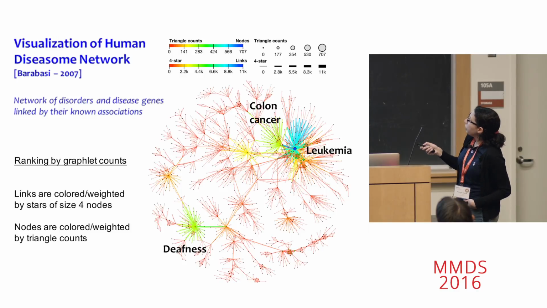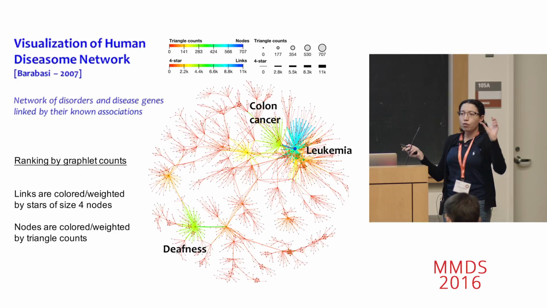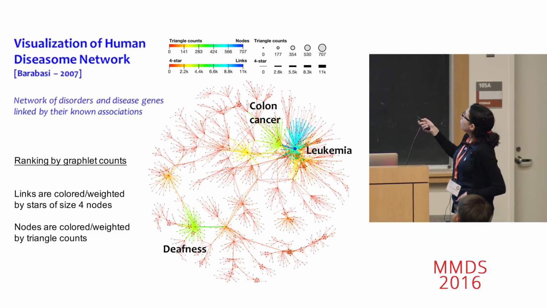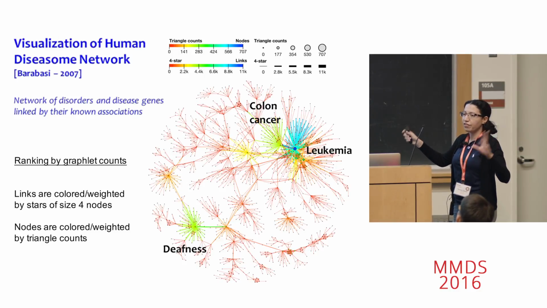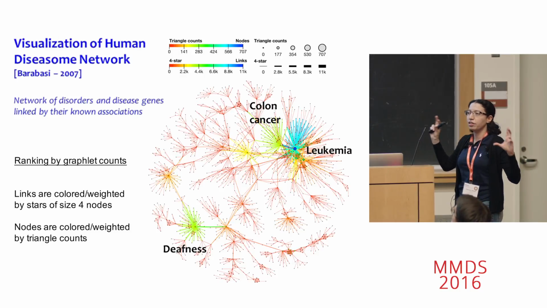What we have done here is that we weighted and colored the links by the number of stars of size 4. Once we did that, we were able to automatically spot the biggest hubs or biggest stars in the graph. For example, colon cancer, leukemia, and deafness were the largest stars in the graph.